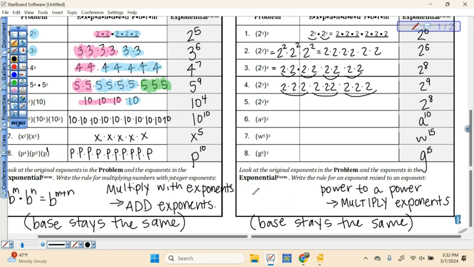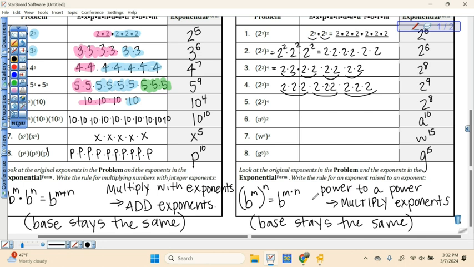Okay, and if we wanted to write our rule in math terms instead, it would just be b to the m raised to the n equals b to the m times n. I multiply my exponents together.